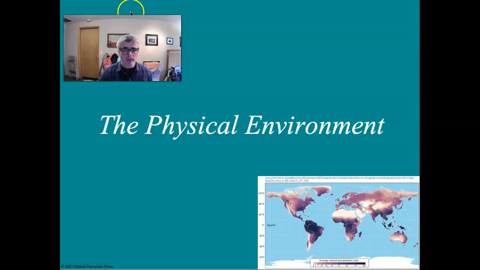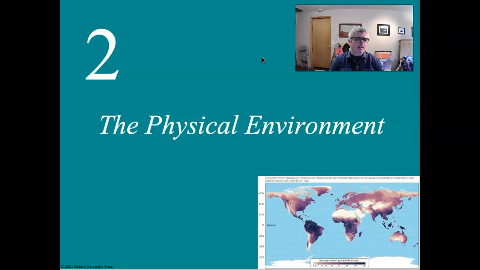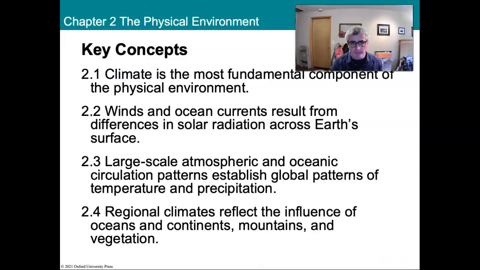Okay, chapter 2 deals with the physical environment. And here we'll walk through some concepts around climate, climate variability, and how that impacts ecological systems.